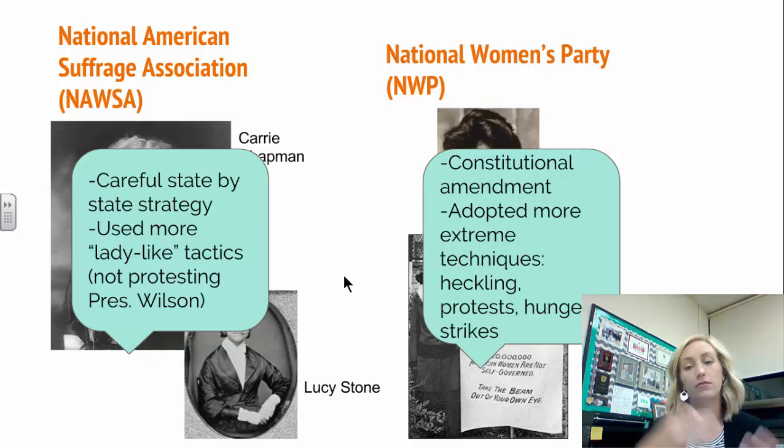With the dawn of World War I, he becomes a wartime president, and it's seen as very unpatriotic to protest during a war, particularly protesting a president during a war. And they then use hunger strikes. So they're protesting, like I said, during wartime and a wartime president.